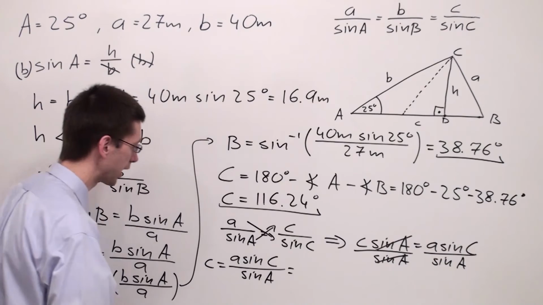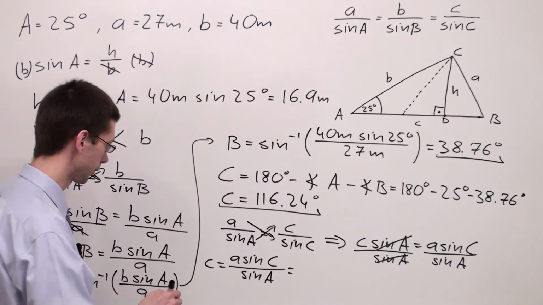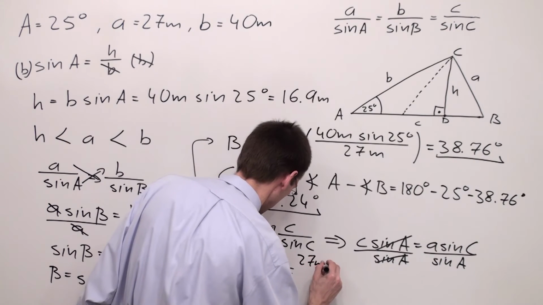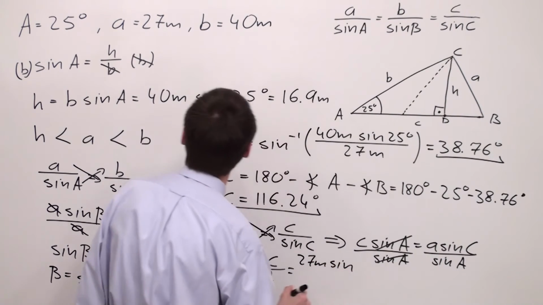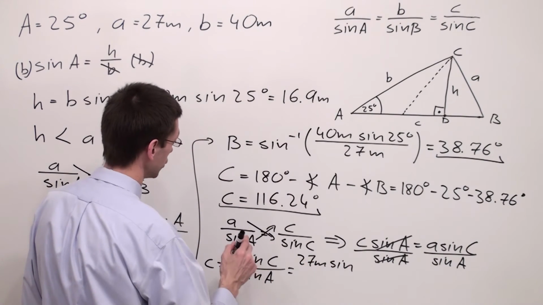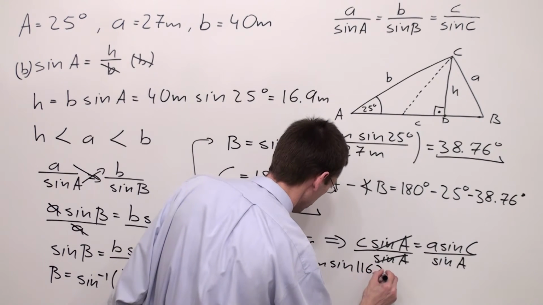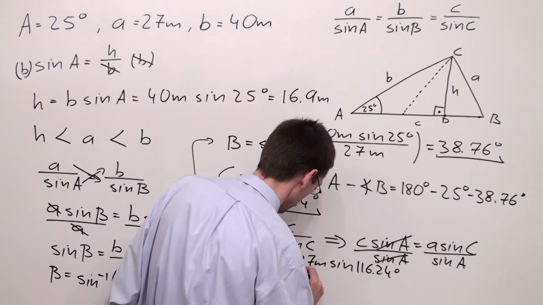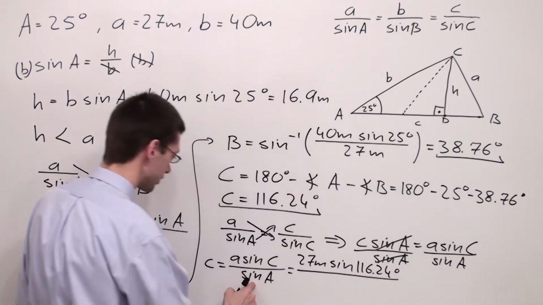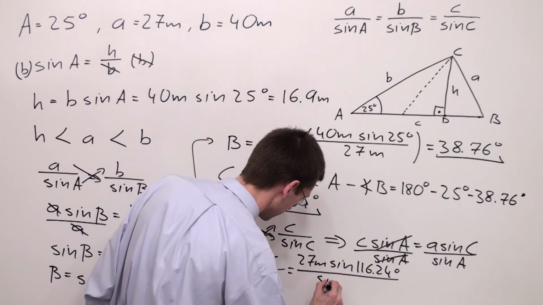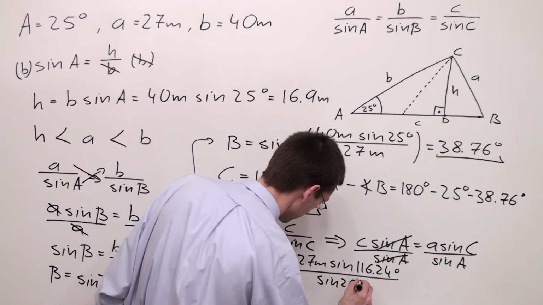Next, I'm supposed to plug the numbers into my formula, and I'm going to have 27 meters times sine of angle C, which is equal to 116.24 degrees, over sine of angle A, which is equal to 25 degrees. I have sine of 25 degrees.